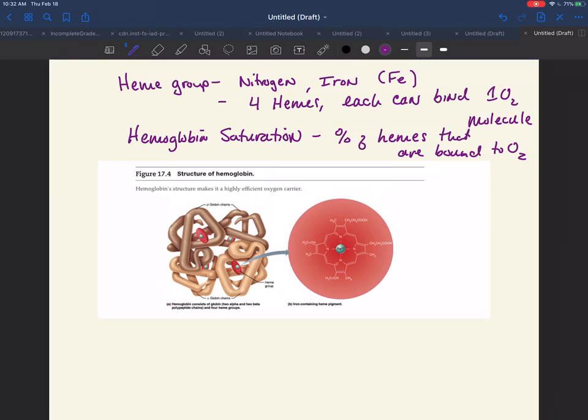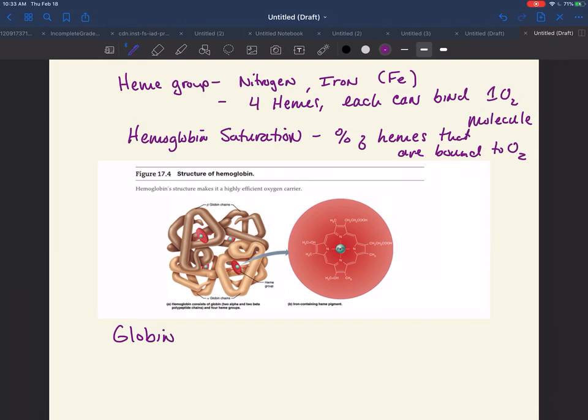So that is what hemoglobin saturation levels refer to. And you don't actually want them to fall much below 90. And they measure it in the doctor's office, for example, or you can buy these pulse oximeters from Bimart or wherever you go, and you put it on your finger and they can measure your hemoglobin saturation.